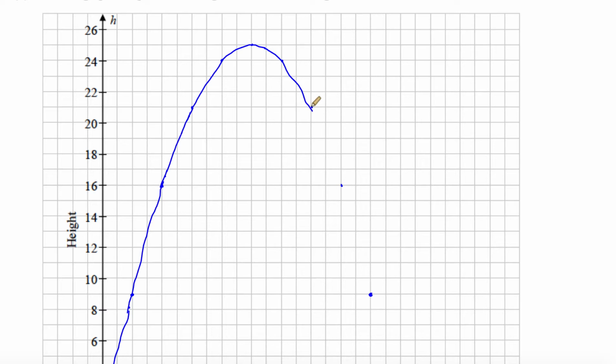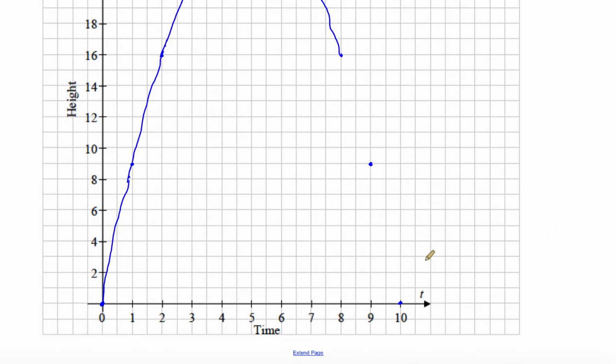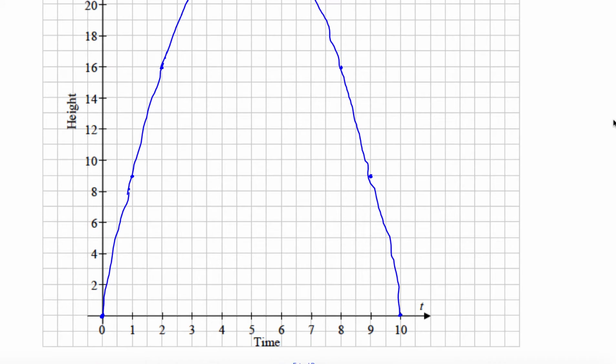And remember, you're probably going to be using this to read some values off. So you got to try and do it as smoothly as possible. So mine doesn't look too good there now, but you'll have better answers than I will using a pencil. Okay, so there we go. That's not great, but you get the idea. Okay, so that's the graph done.